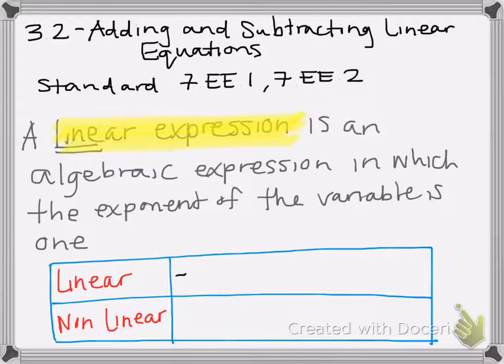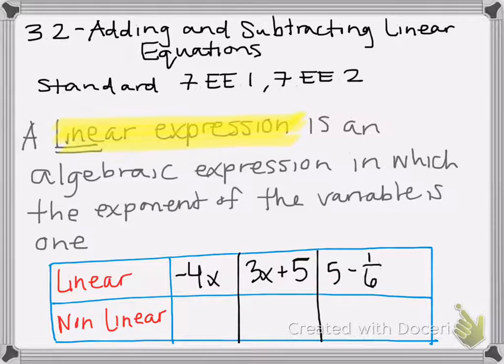So I have negative 4x, and then I could also do 3x plus 5. And then another one, 5 minus 6x.